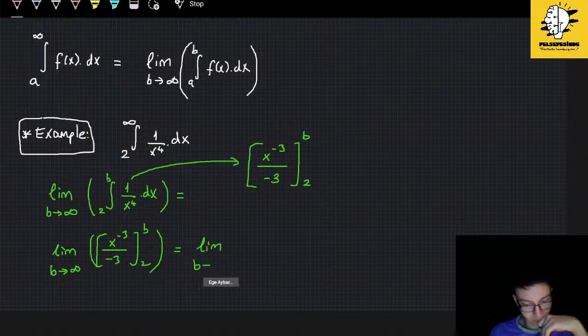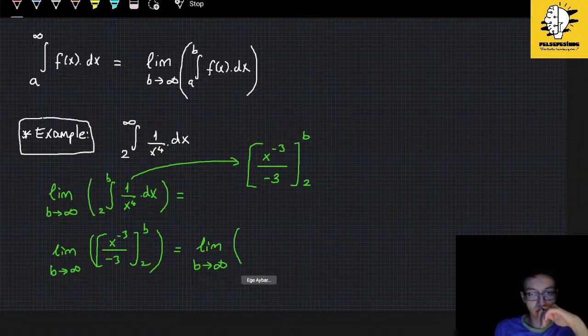Let's write these square brackets, and you will see the magic. Let's put b here. This b is actually going to go down, isn't it?